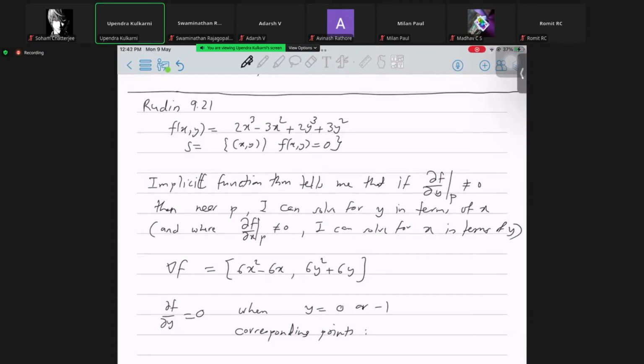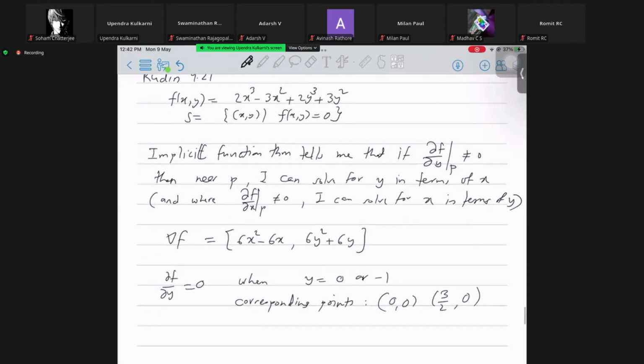Okay, so 0, 0, and what else? So I get 2x minus 3, right? So that means 3 by 2, isn't it? Just check. Yes, that's what I'm getting.